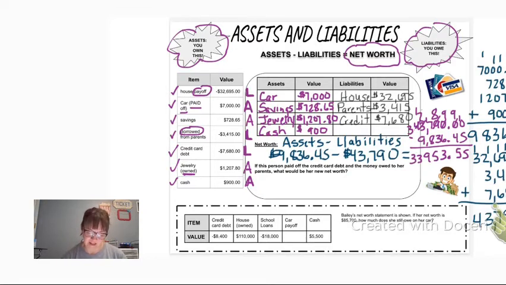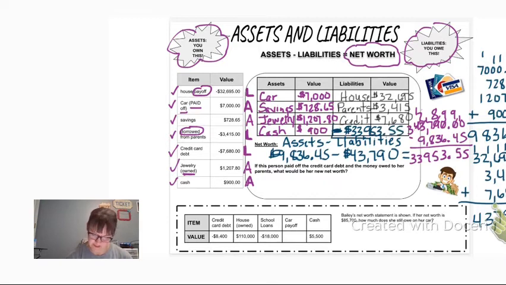But that's going to be negative because the liabilities outweighed the assets. So we would say our net worth here is negative $33,953.55.